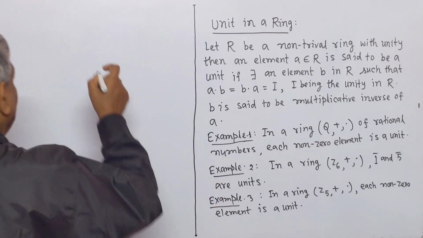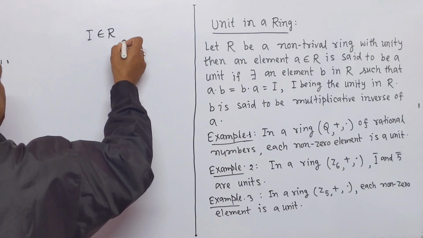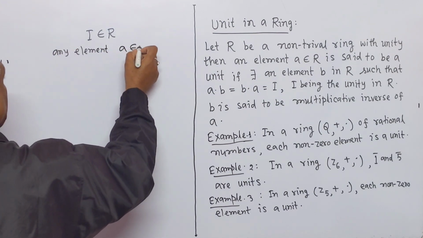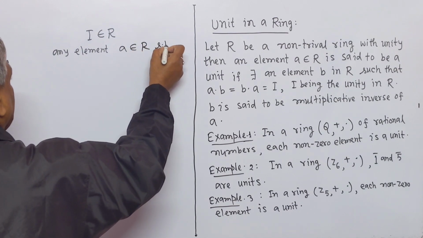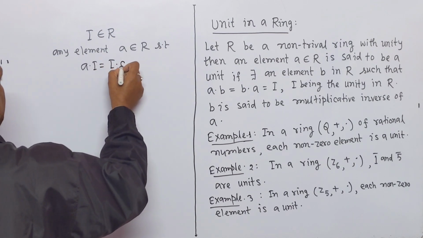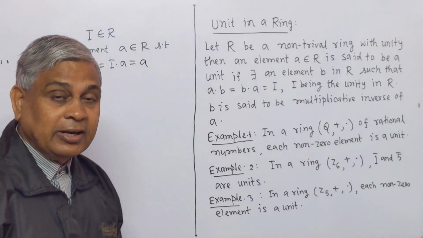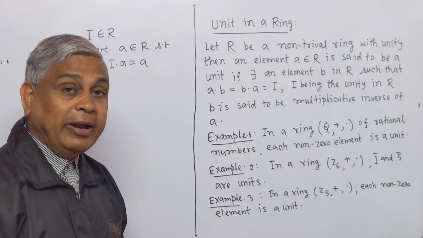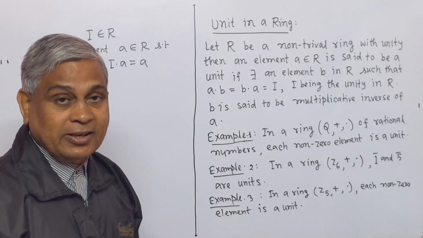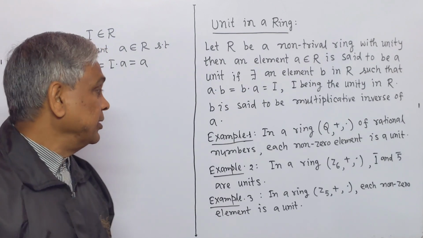Unity I in ring R means any element A belongs to R such that A multiply I equal to I multiply A equal to A. And unit means an element of the ring which has multiplicative inverse. By examples, we will try to clear this concept.